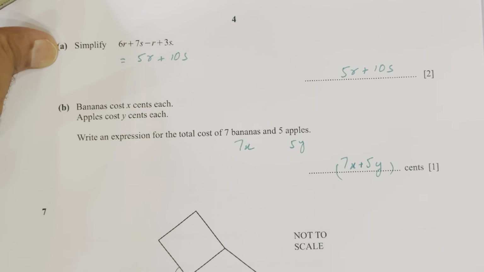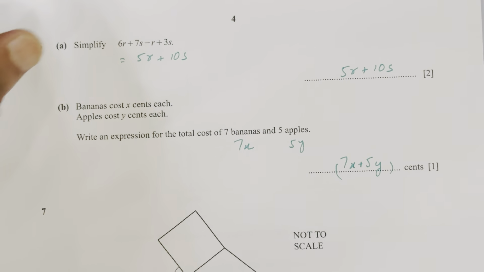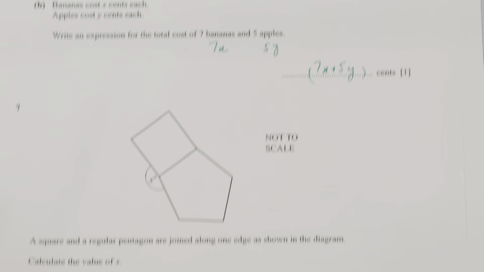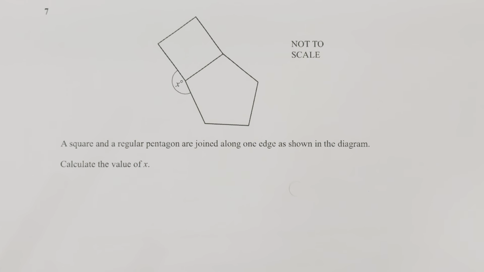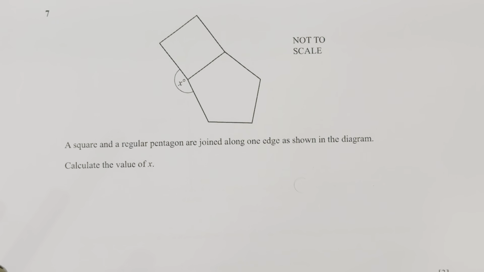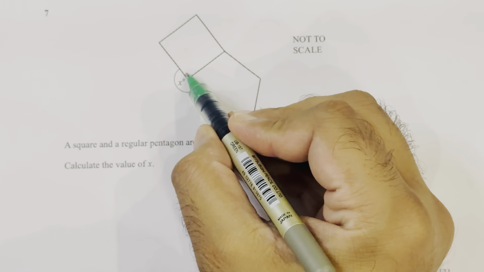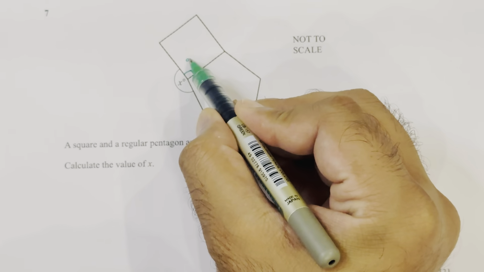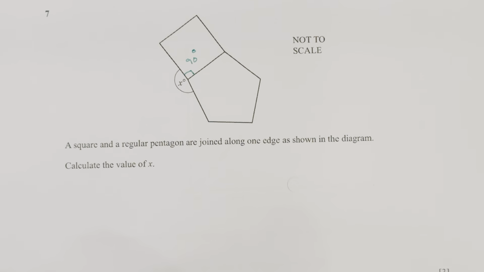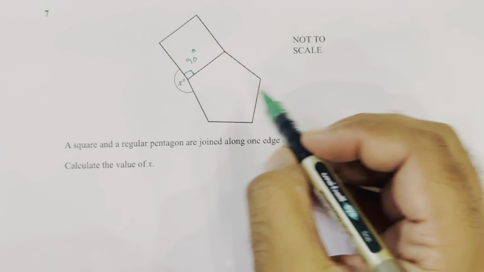Moving to question number 7. A square, rectangle and a regular pentagon are joined along one edge as shown in the diagram. Calculate the value of x. We know that this is a square, and in a square the angle would be 90 degrees at the vertices, and this is a regular polygon.